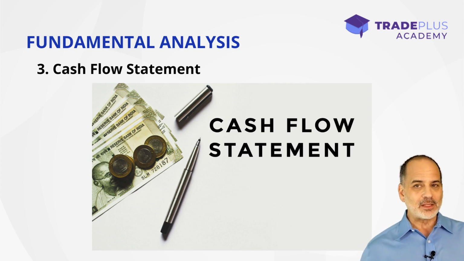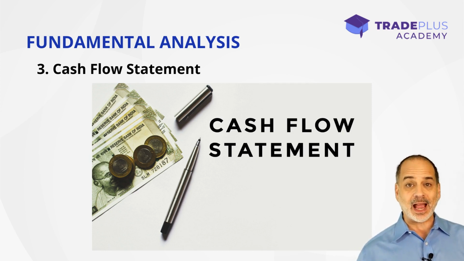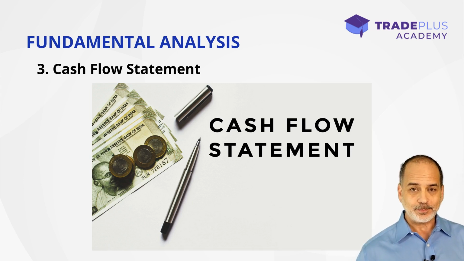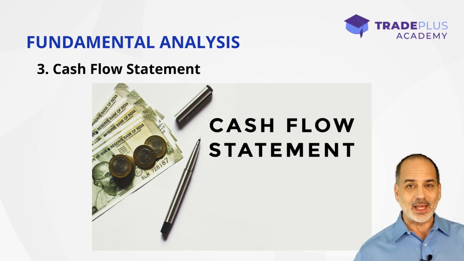The first segment of the cash flow statement is the cash flow generated from operations, which includes all the transactions that took place for the operation of the business activities. The second segment is the cash flow from investments, which includes all investment gains and investment losses.